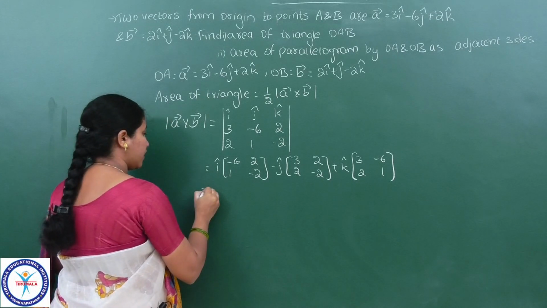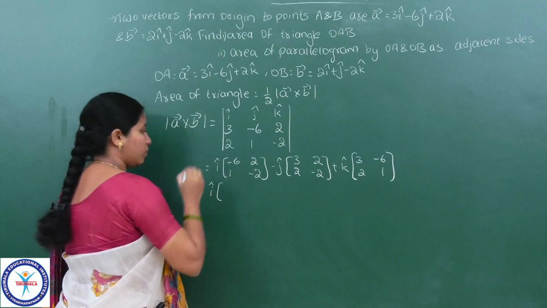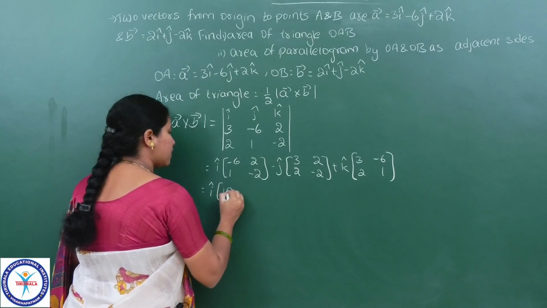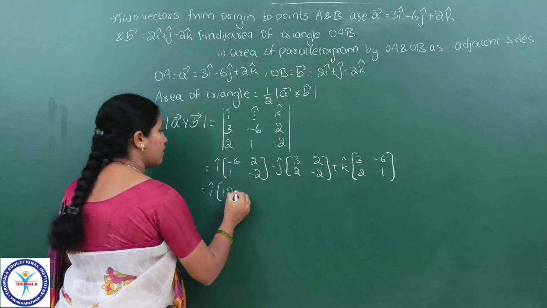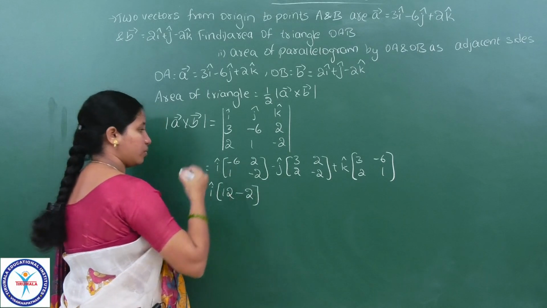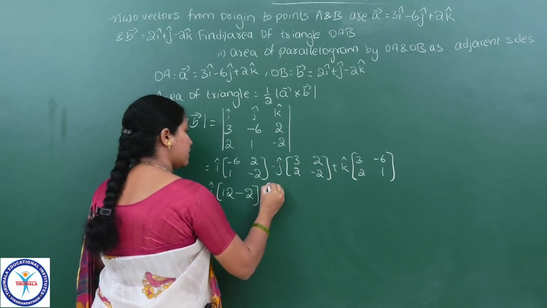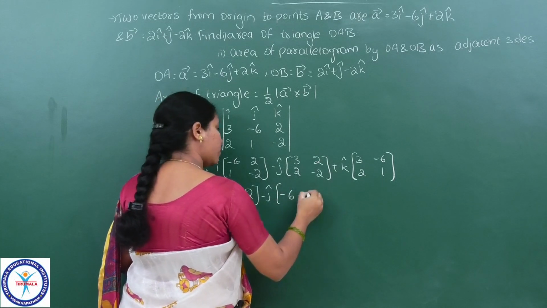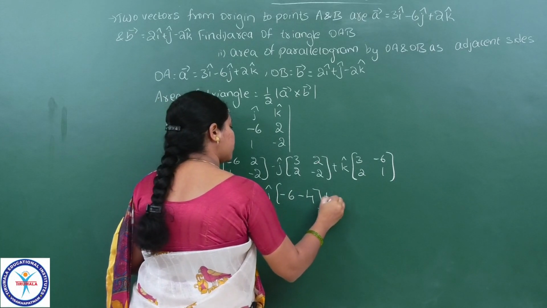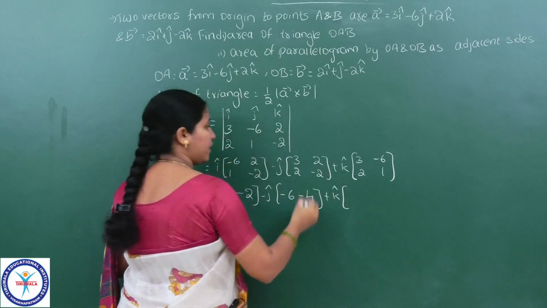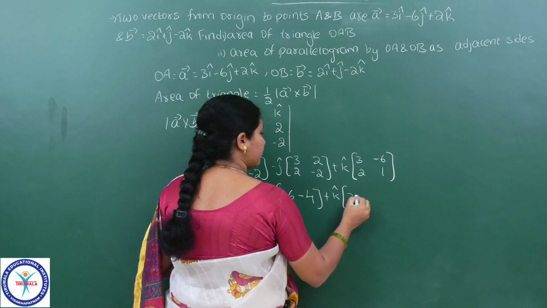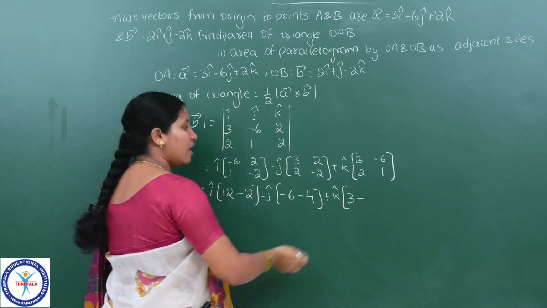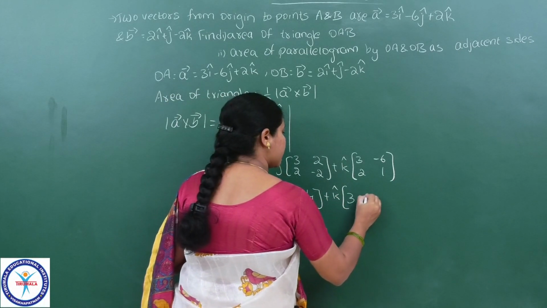Now let us solve this. i cap into minus 6 into minus 2 gives us plus 12, minus 1 into 2 is 2, minus j cap into 3 into minus 2 minus 6, minus 2 into 2, 4, plus k cap into 3 into 1, 3, minus 2 into minus 6 gives us minus 12, and minus into minus plus.